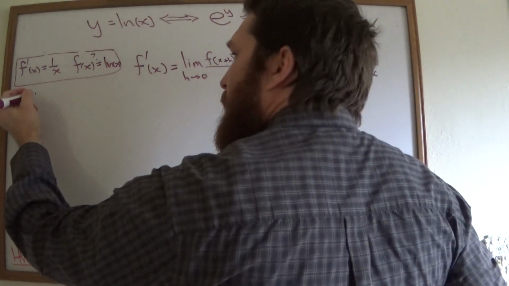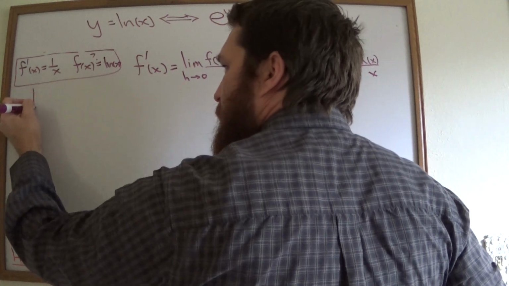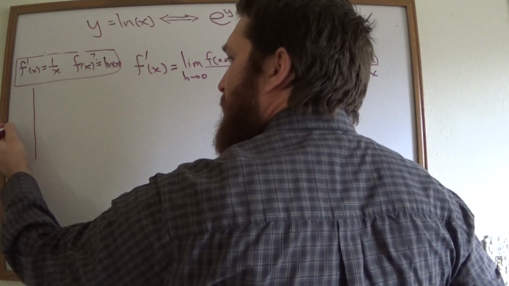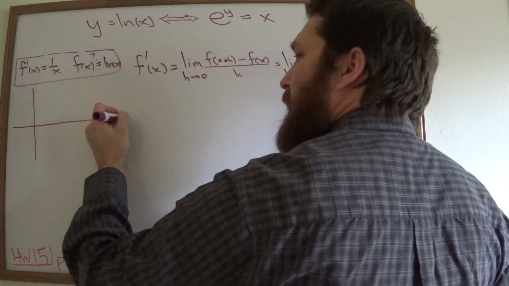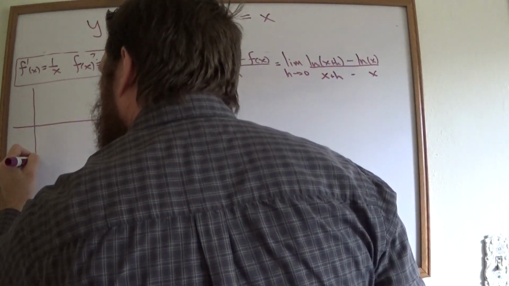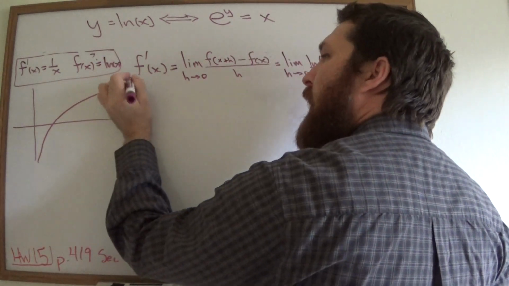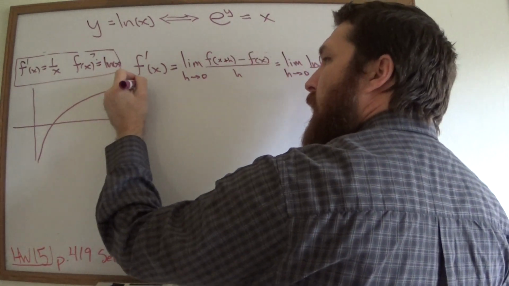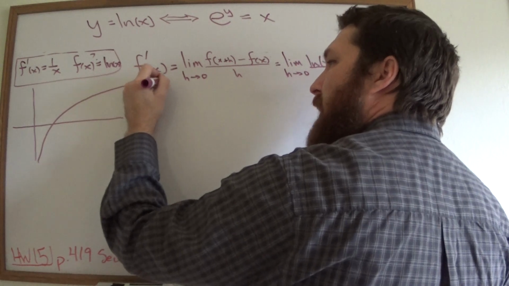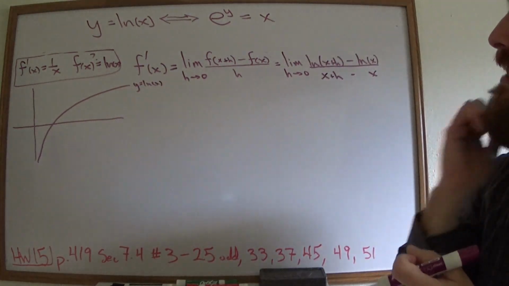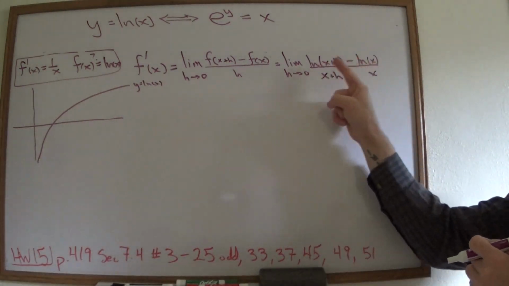In pictures now, and this will be important to get our heads around what's going on. Here I'm going to draw y equals natural log x. And we've just set up a difference quotient, right?